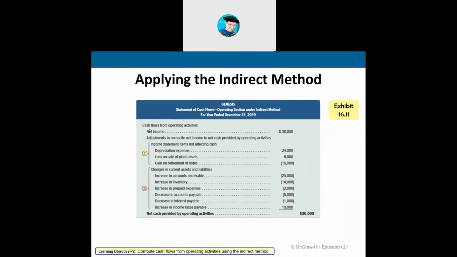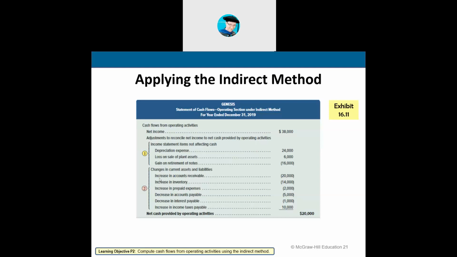So net income, $38,000. We take the cash for depreciation. Take depreciation expense, loss on the sale of plant assets, gain on the retirement of notes, and then we take our current assets and liabilities.